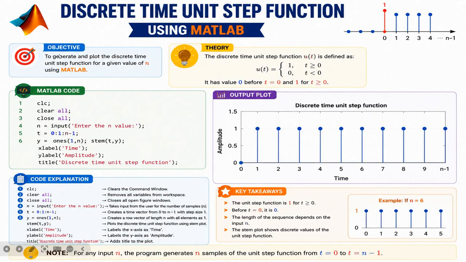Here also the objective is to generate and plot the discrete time unit step function for a given value of n using MATLAB. The formula remains the same, but there is a change in the MATLAB code. Previously we have not entered the value of n, but here we are entering the value of n.